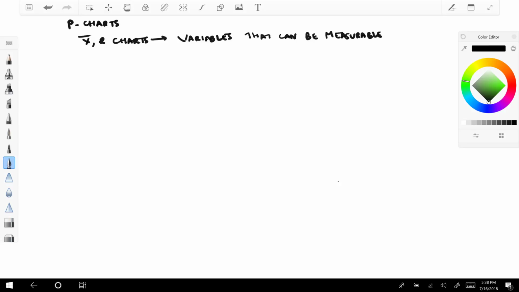Examples of this would be measuring the length of a rod or something like that, the diameter of a ball, or gallons of water in a bottle. So these are all measurable units.